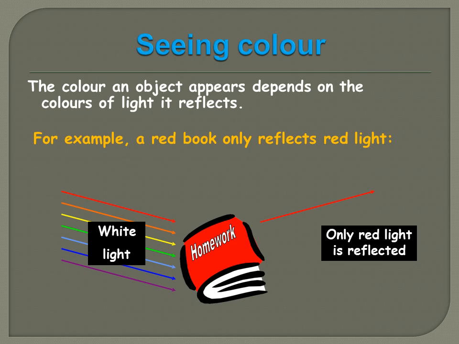For example, a red book only reflects red light. That means if we throw white light on a red color, it reflects only red color. You can say that red is a true color.